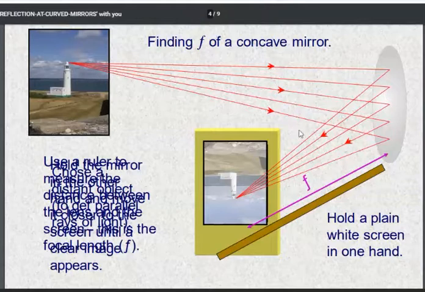Therefore, all the rays after reflection will converge at a point. That point will be called the focus. With the help of a meter stick, we can measure the distance between the converging point and the mirror as the focal length. So this is the focal length. This is the rough idea to calculate the focal length of a concave mirror.